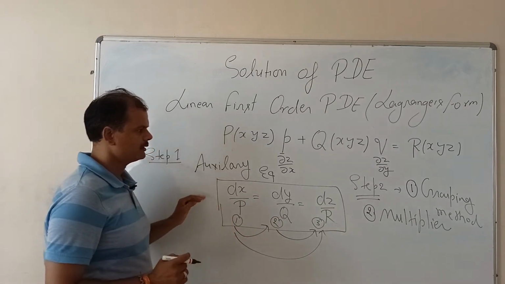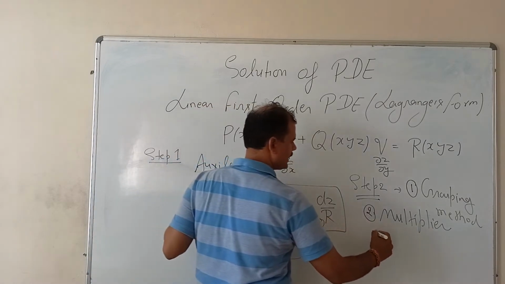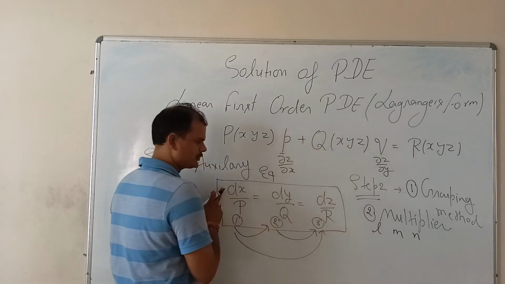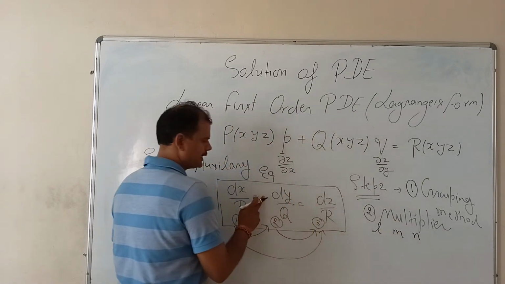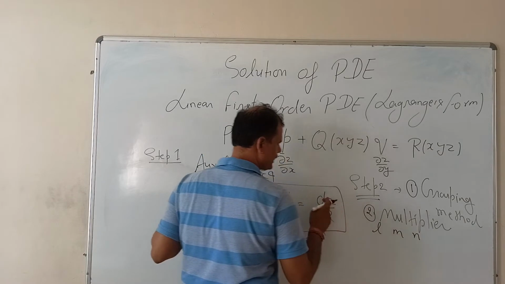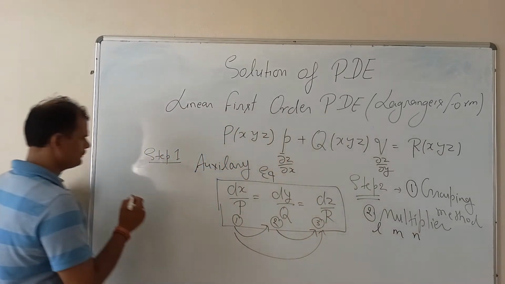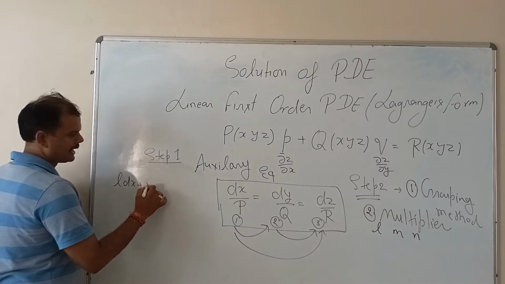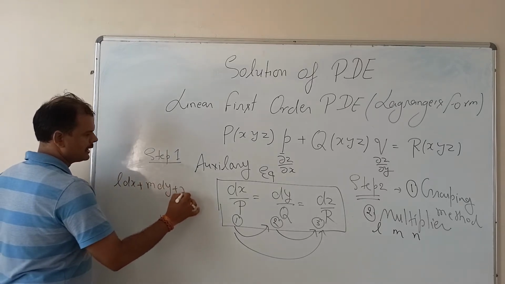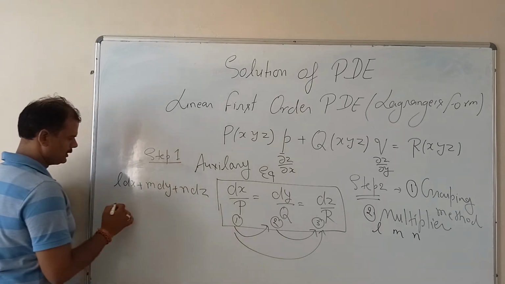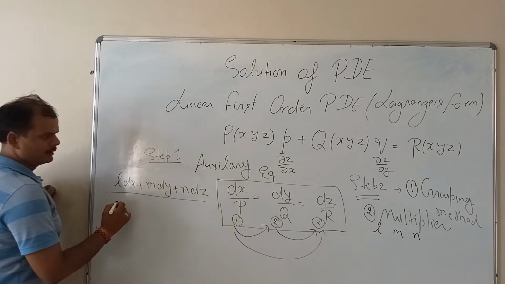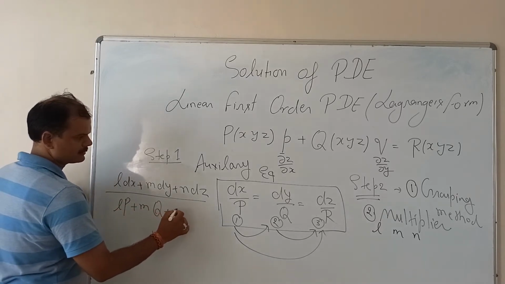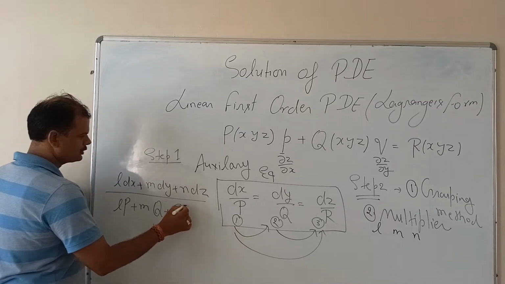Let l, m, n be the multipliers: l is the multiplier of the first ratio, m of the second ratio, and n of the third ratio. Then (l dx plus m dy plus n dz) divided by (lP plus mQ plus nR). So this denominator should be 0.